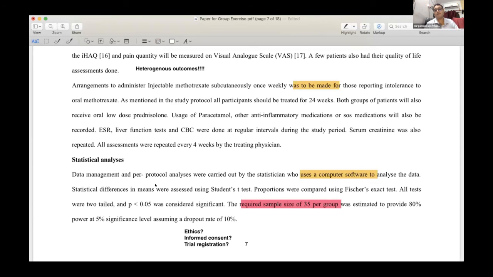Whereas per protocol would take into account the protocol deviations: finally, those who were on treatment A versus those who were on treatment B. Here it is more real life, and you are likely to get a difference between groups even when it may not exist, so your chance of a false positive result is much greater.